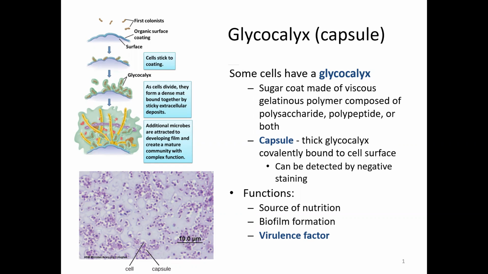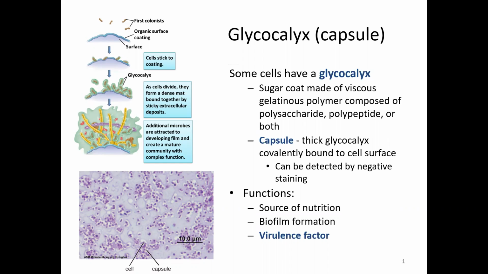Okay, and so when these bacteria are able to escape phagocytosis because of this sugary capsule, they are then able to replicate within the body and infect various body tissues.